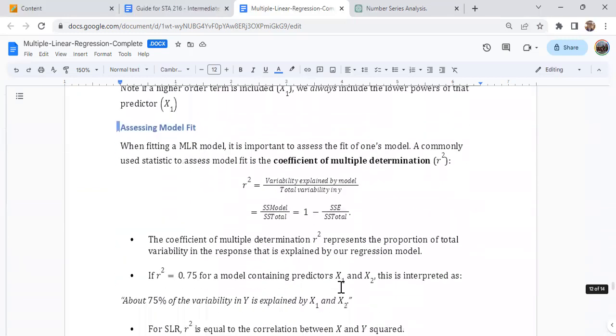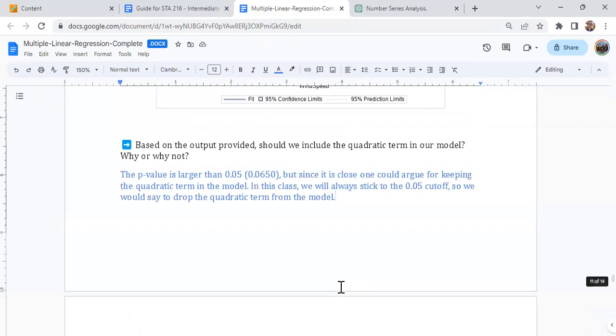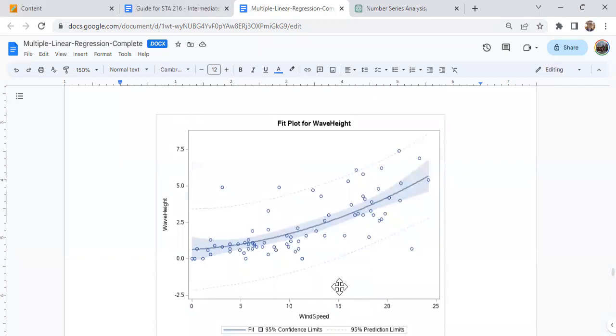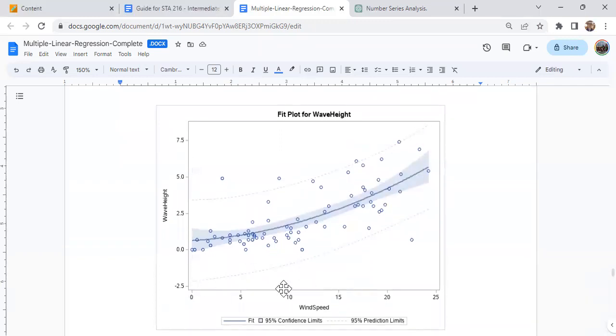I don't have any questions about predicted values here, but note that this is a good example of where you would want to be careful about extrapolation for predicted values. Let's say we're using our model to predict how tall the waves would be for a day. And it's a crazy windy day, like maybe 40-mile-an-hour winds.